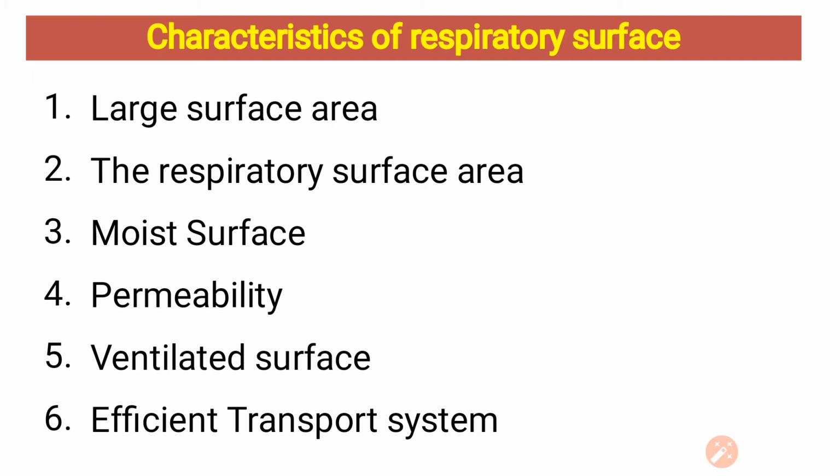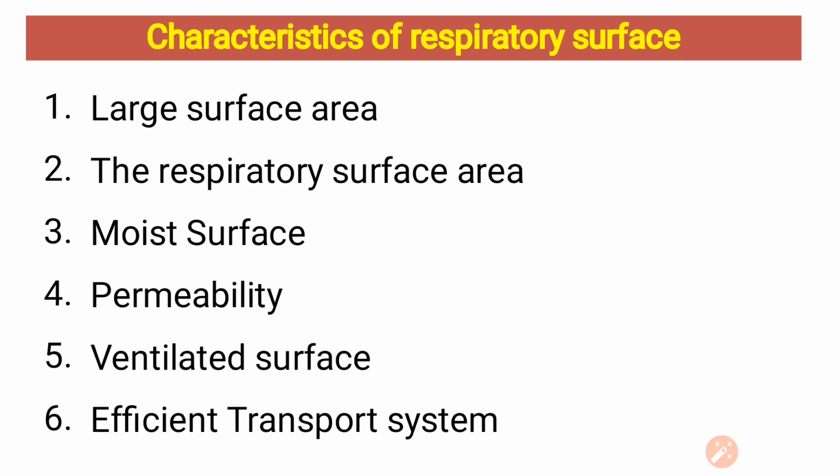Then we talk of permeability. You already know what that means: the ability to allow the penetration of molecules. The respiratory surface must be permeable. If it is permeable, oxygen and carbon dioxide can enter and diffuse in and out of the cell respectively. It must also be a well-ventilated surface. If the respiratory surface is well ventilated, then the supply of oxygen to the surface and of carbon dioxide from the surface will be very efficient.